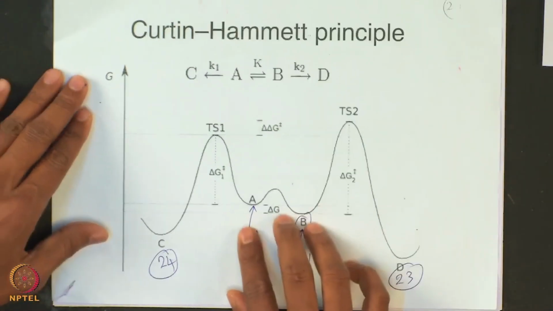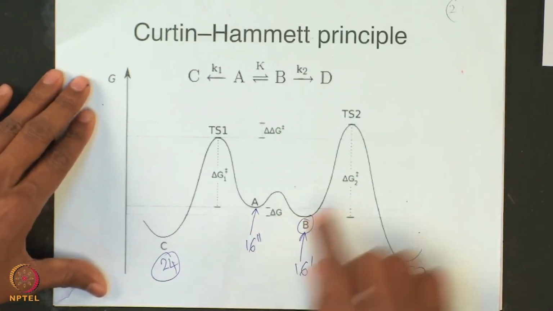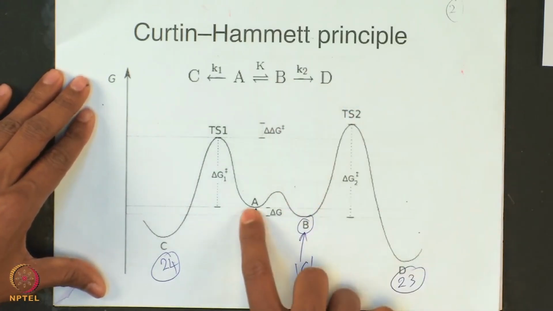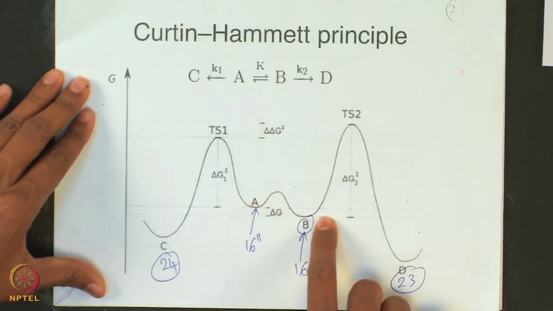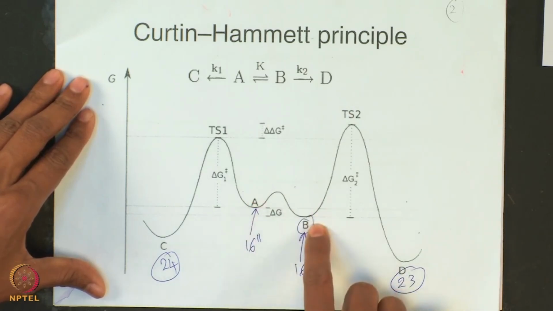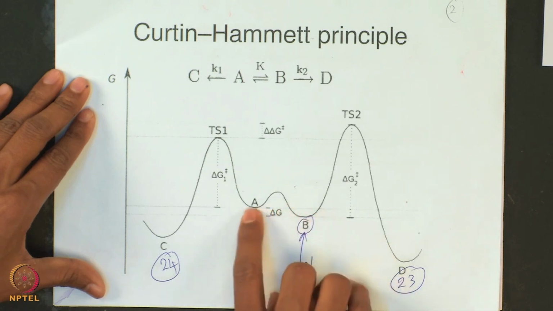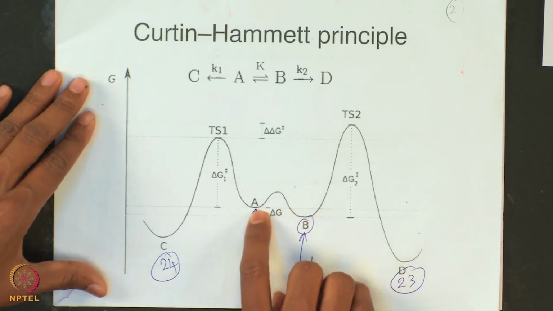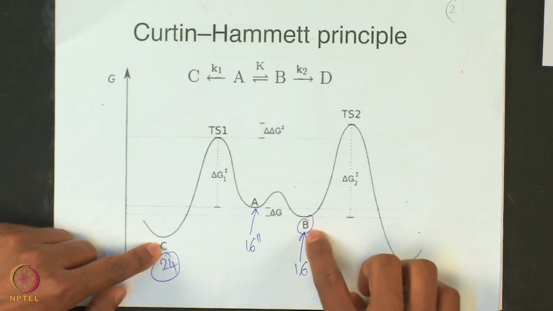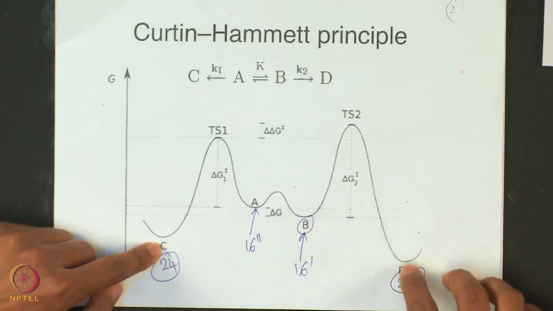Let us look at the energy diagram. You have A and B, two intermediates that are in equilibrium with each other. Now, from intermediate A, product C is forming, and from intermediate B, product D is forming.